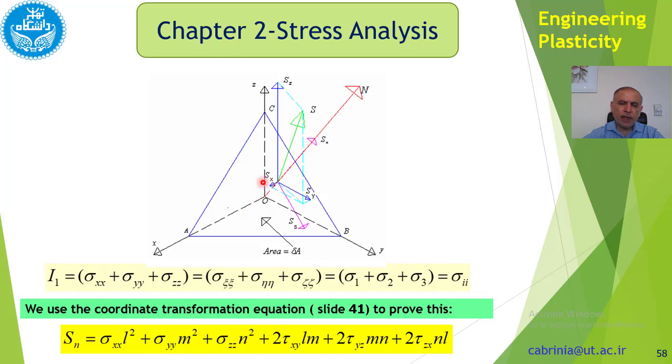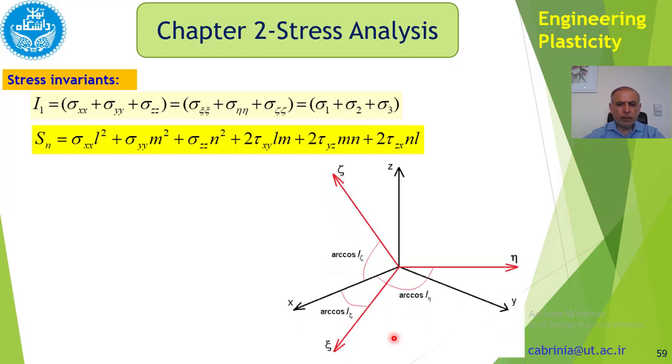So Sn could be any stress vector, and On could be any direction, because we took this as a general plane and we took S as a general stress state. So On is a generalized vector line making an angle with these xyz axes, and so this is a general equation.